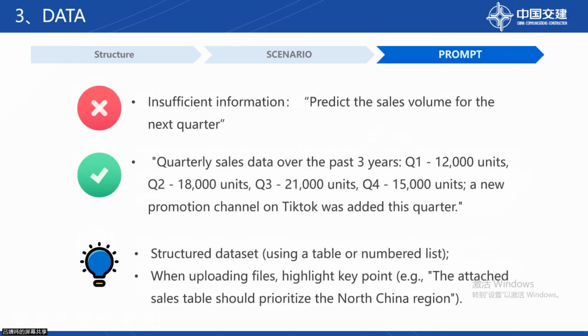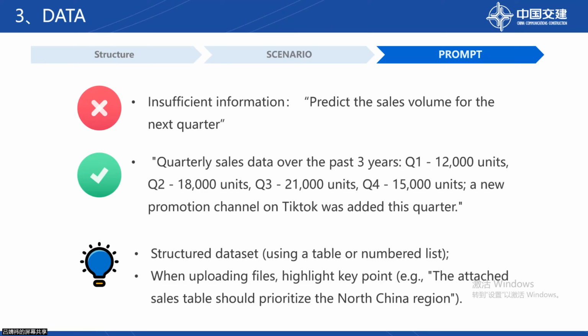Third part is data. Sometimes we miss some information, like predict the sales volume for the next quarter. What does WiseWheel like? It likes quarterly sales data over the past 3 years: Q1 12K units, Q2 18K units, Q3 21K units, Q4 15K units, and the new promotion channel on TikTok was added this quarter.